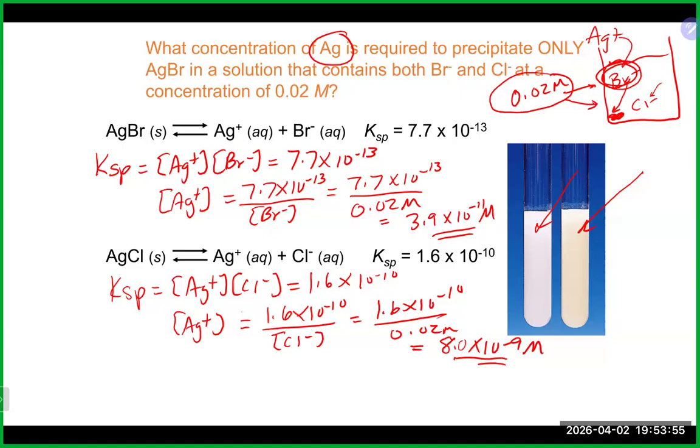Which one requires more silver to start to precipitate out? The silver chloride, right? You need a lot more silver for the chloride than you do for the bromide.